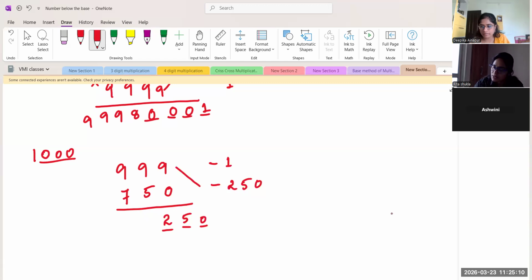That is 999 minus 250 or 750 minus 1. Okay, just subtraction, that's it. So both will be what? 999 minus 250 also will be 749, and 750 minus 1 is also very simple, that is 749. That's it. This is the answer.